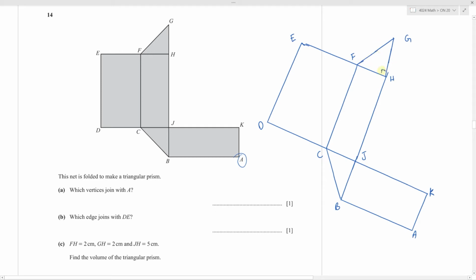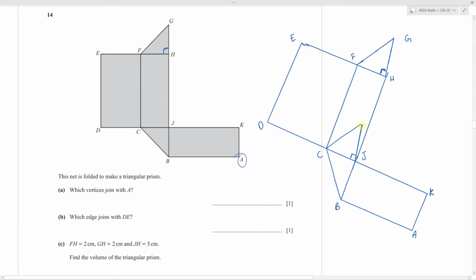And this angle will be 90-degree, which is this angle here in the net. And then similarly, I will fold on this edge CJ and fold it upwards into a vertical standing position as well. So let me draw that as well. So this will be 90-degree angle as well. And once I fold on this JC and bring this triangle upright, this rectangle here will come along as well.